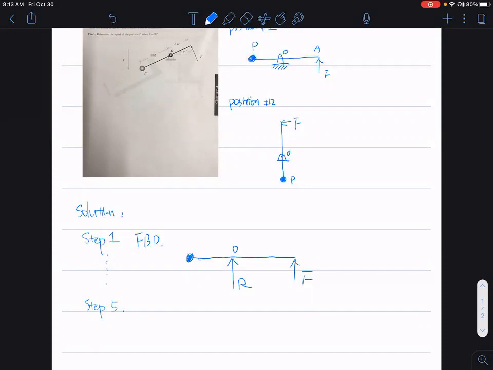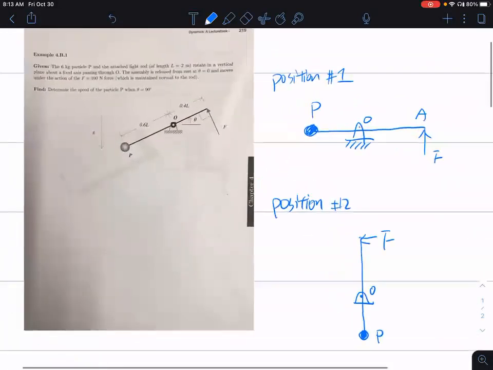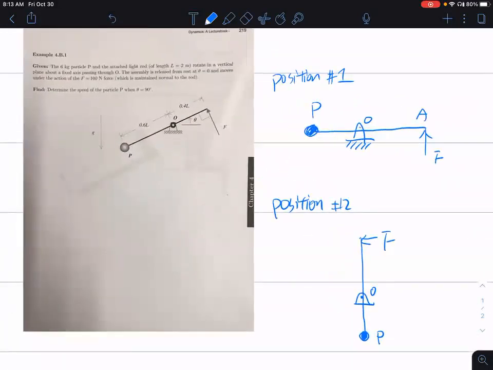What other forces should we have? Just a particle then, because in this problem this particle is attached to that rod. So there are other forces on that rod. You can think about this particle and the rod as a single rigid body. But all the mass is applied on the particle.